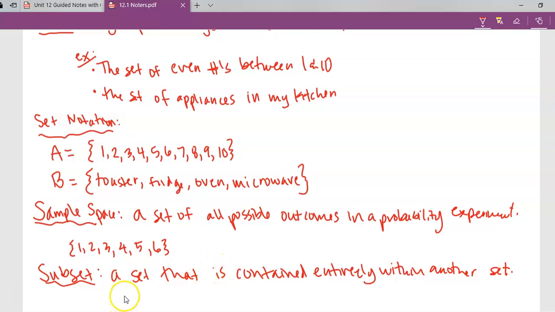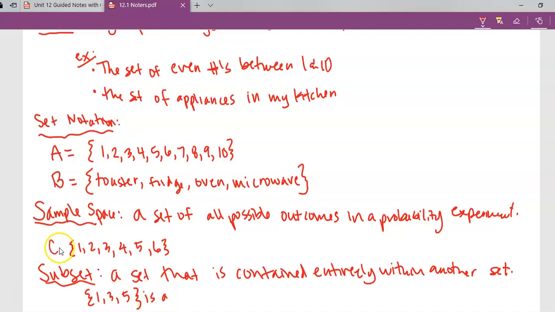For example, a subset of the set of possible outcomes for rolling a die could be the set {1, 3, 5}. {1, 3, 5} is a subset of this sample space of rolling a six-sided die because 1, 3, and 5 are all within the bigger set. So this is a subset.